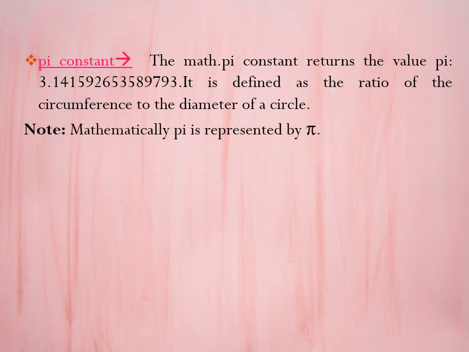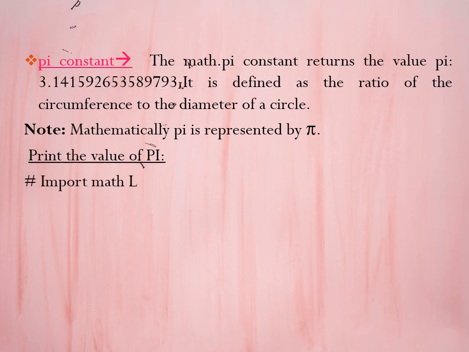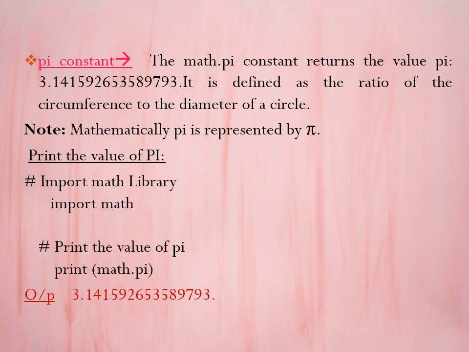First, we have to import the math module. Then, to get the value of pi, we write the command print math.pi. It will print the result value 3.14. Mathematically, pi is represented by the pi symbol.